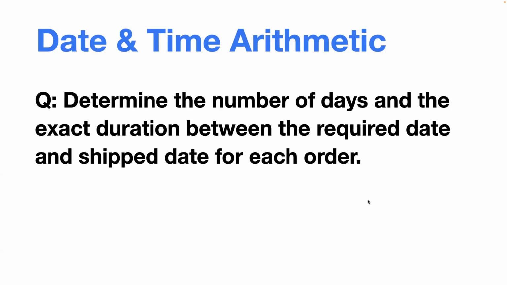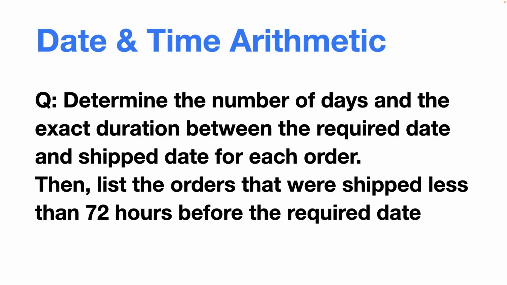Now let's look at a question where we can apply these skills. So here's the question: determine the number of days and the exact duration between the required date and the shipped date for each order. You want to determine the number of days between the required date and the ship date for each order. And we also want to determine the exact duration. Then list the orders that were shipped less than 72 hours before the required date.